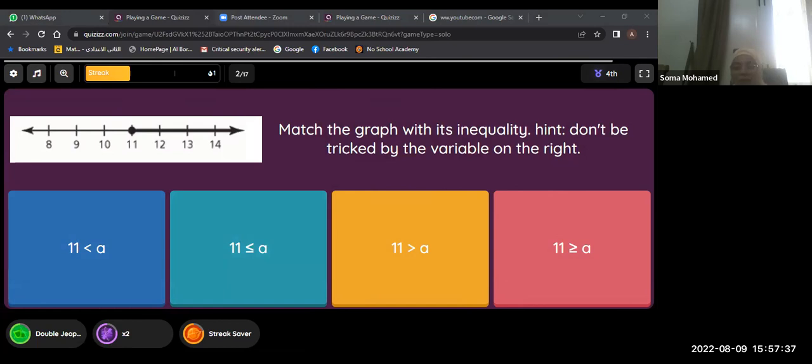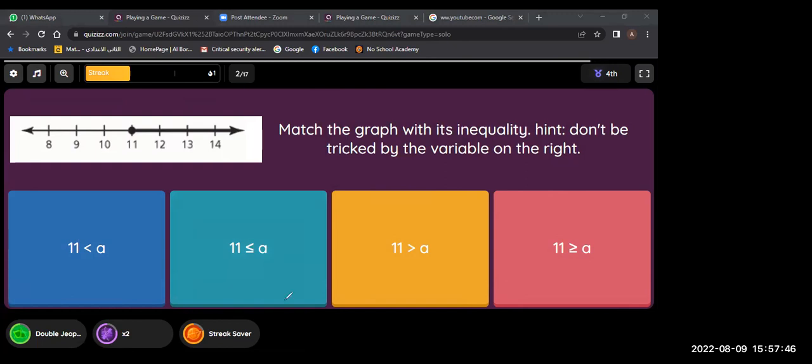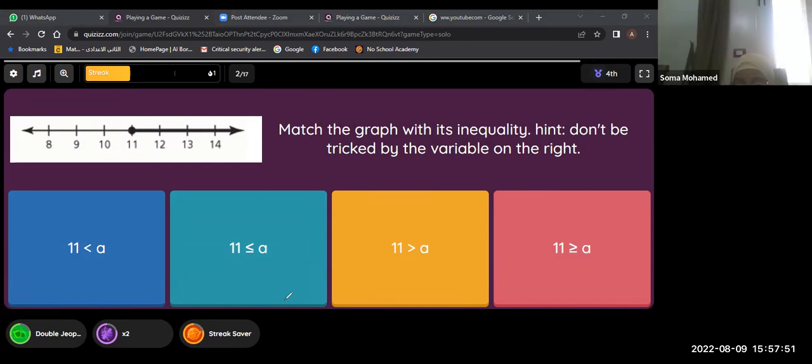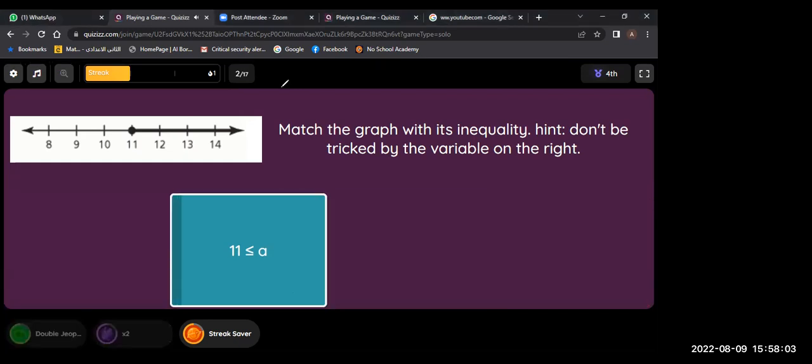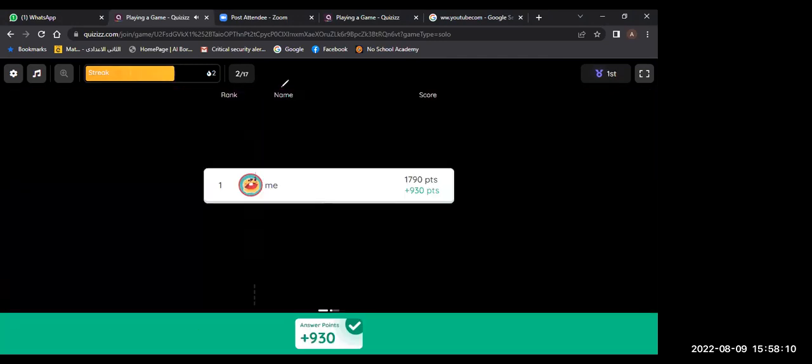Which represents this graph? 1 or 2 or 3 or 4? The 2. Yes, super. Next.